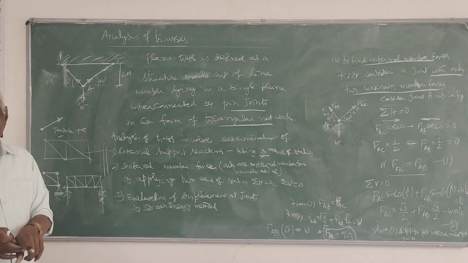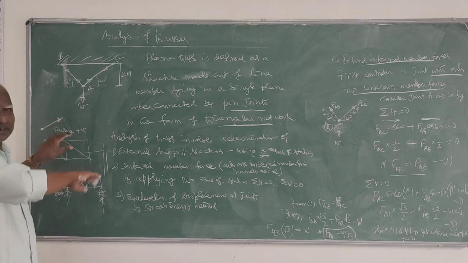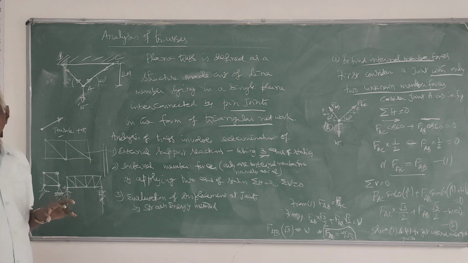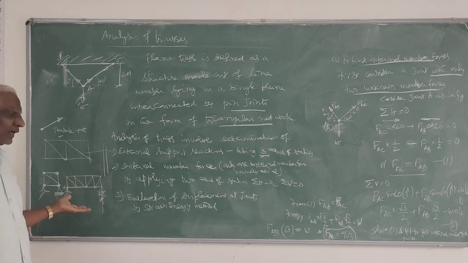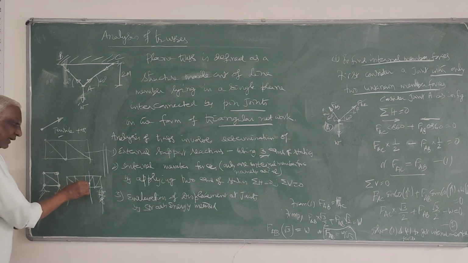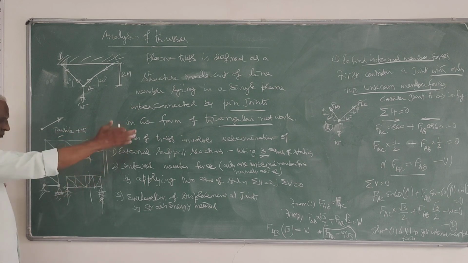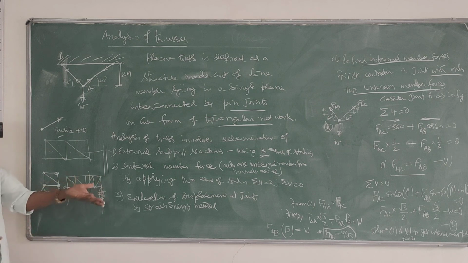Using that, how to analyze determinate beams, that is how to get the bending moment at any point, the shear force at any point, and how to find the support reactions. Truss also like that: how to find the internal member forces at any member, at any portion of the truss, using that influence line diagram.